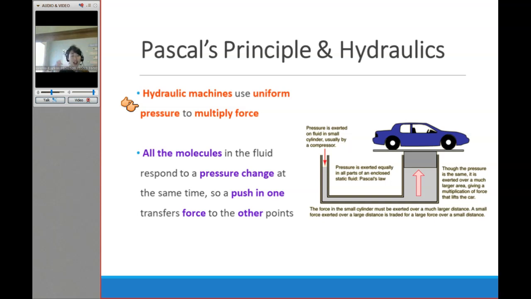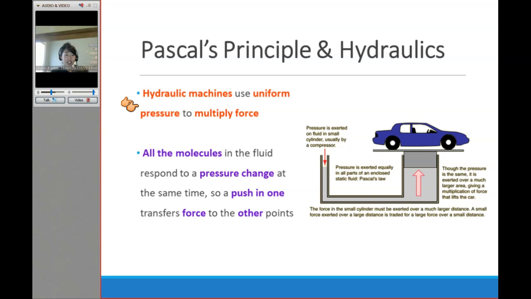Thank you, Tariq. So when you use a jack, the amazing thing is that you use these small movements to pump up the jack, and yet somehow you are magically able to lift a car. Okay, that should blow your mind because in real life, you are unable to lift a car, right? Without a jack, you would not be able to just lift the car up using your own strength unless you're like, I don't know, the Hulk, right?